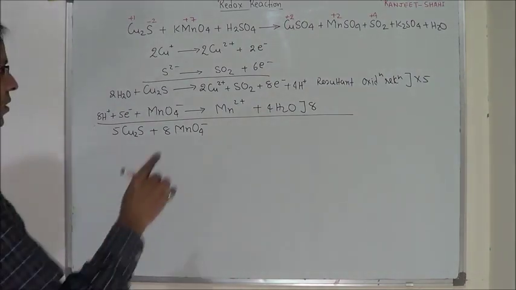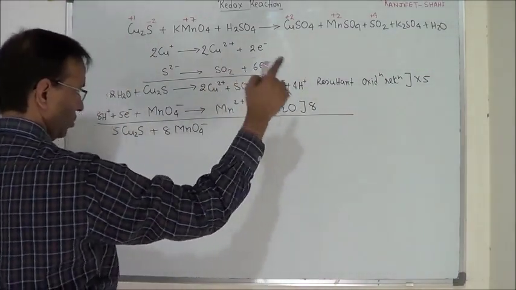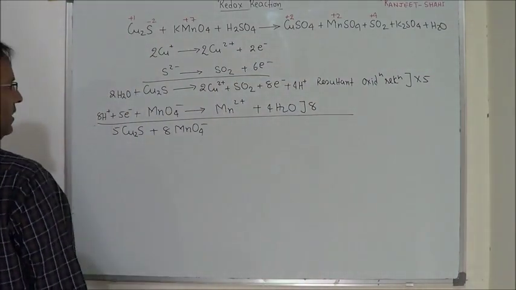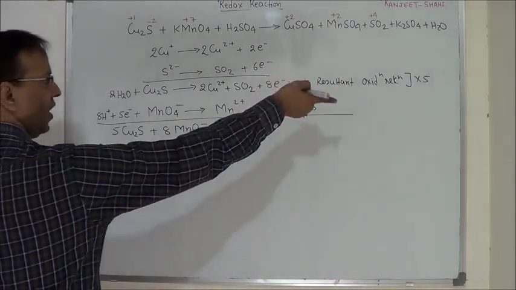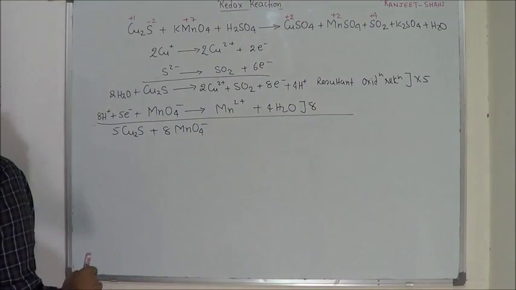What about water? 5 into 2, 10, 8 into 4, 32. So 22 water will come on the right side. What about H plus? 5 into 4, 20, 8 into 8, 64.